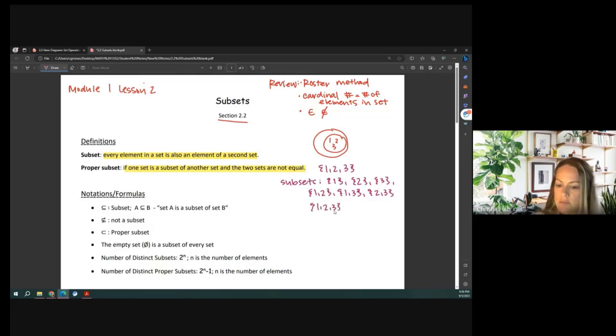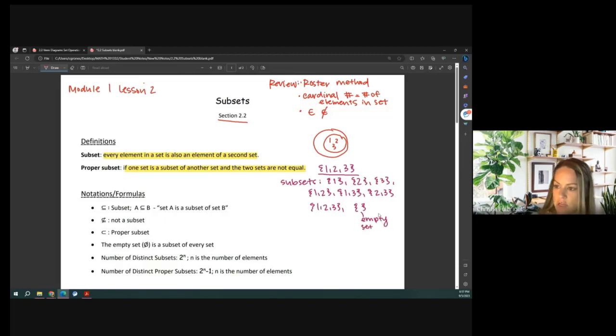Now, this is a subset. I know it's confusing, but it follows the definition of a subset, that every element in a set is also an element of a second set. So every element that is in this subset is in our original set. And then the last subset that we have is the empty set.